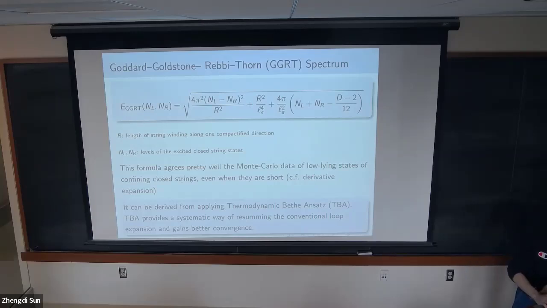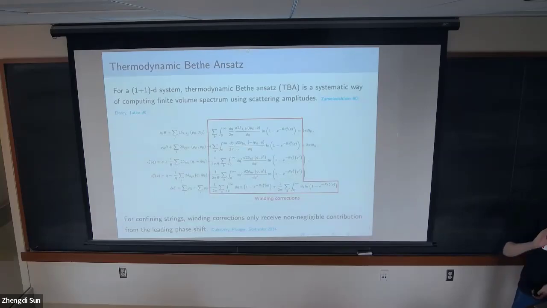So I will briefly discuss the thermodynamic Bethe ansatz in the following, but not in detail, just to introduce later the formalism of TT-bar deformation. So the TBA, short for thermodynamic Bethe ansatz, is a systematic way of computing the finite volume spectrum for 1+1D systems.